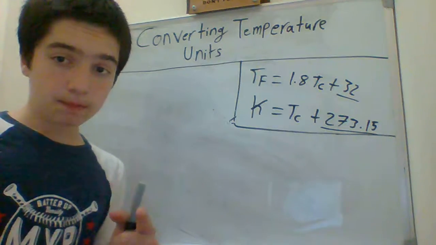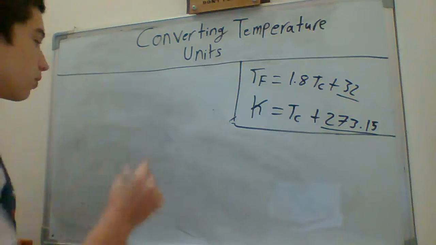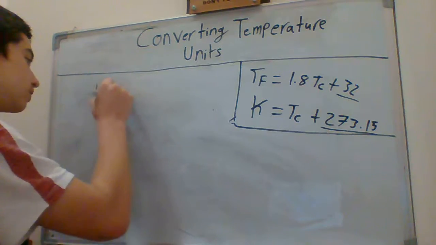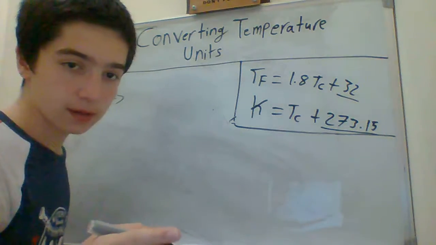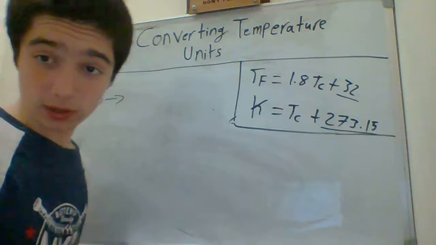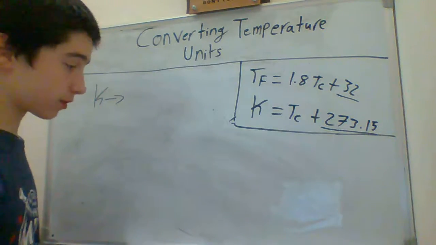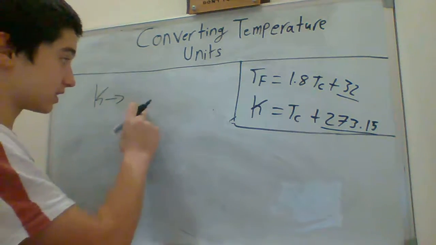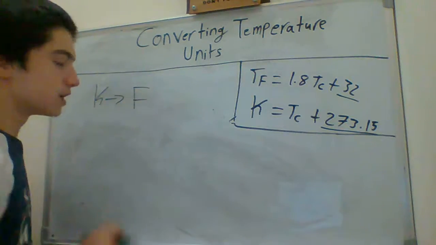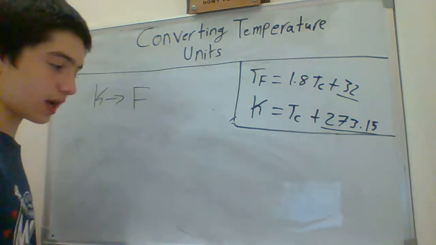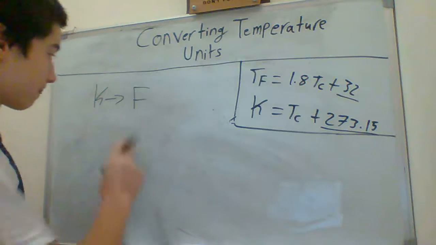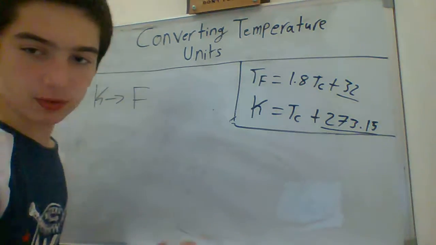You ready? Let's start. So here we want to convert Kelvin into what? Oh, you got it wrong this time, because we're going to convert from Kelvin, not to Celsius, but into Fahrenheit. Of course it's the last question and it should be tricky, so maybe some of you got it wrong.